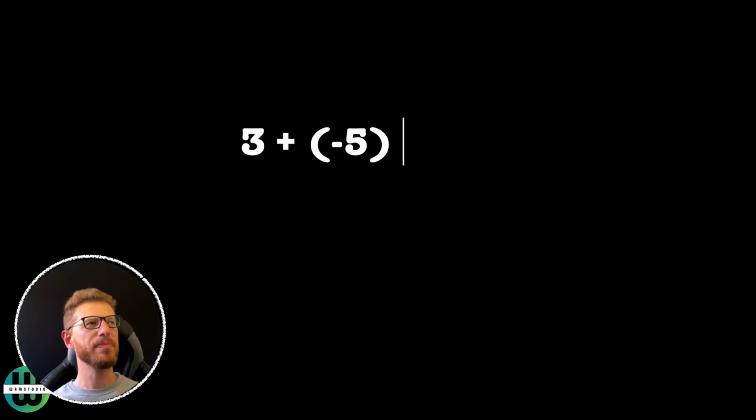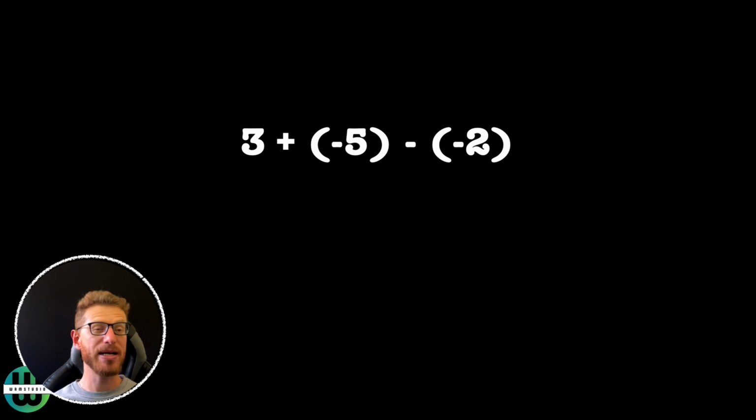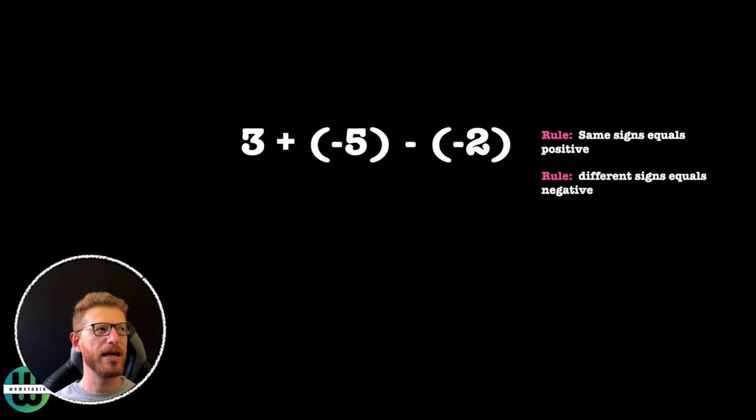Let's do some mixed calculations. First up, I have 3 plus, in brackets, negative 5, minus, in brackets, negative 2. Right, so keeping my rules in mind and remembering there can only be one sign in front of a number, I'm now going to start by saying, okay, here I've got 3 plus in a bracket.